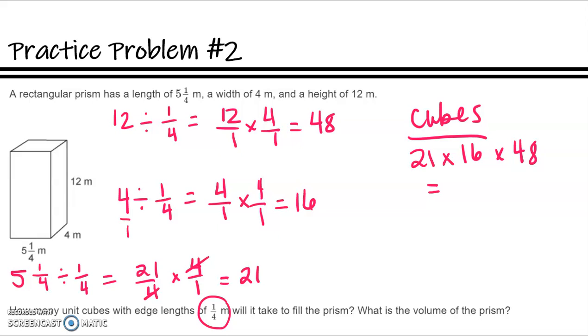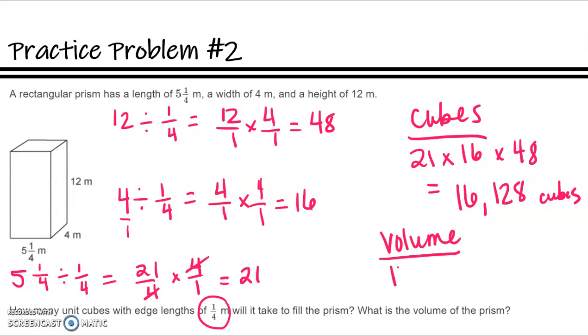That is going to be 16,128 cubes. Let me just double check my math. Yes. Now, to find the volume, remember, you're going to take the number of cubes and multiply it by the volume of 1 cube.